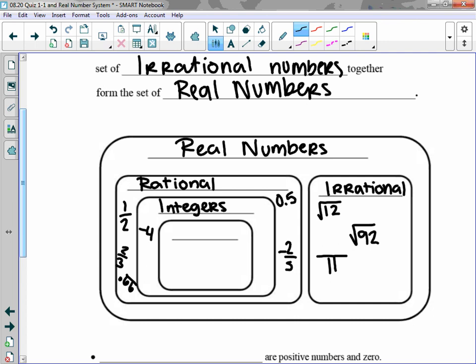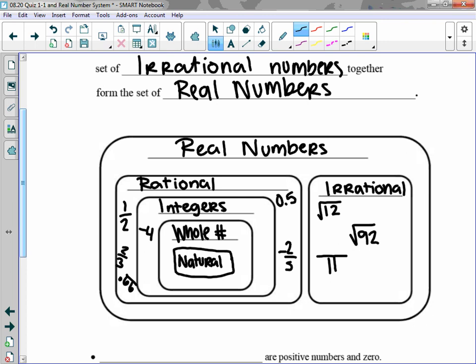What would be our next subset? Whole numbers. And I'm going to expand to the last one because there's only a really, really tiny difference. Natural. Anybody know the only number that differentiates a natural?